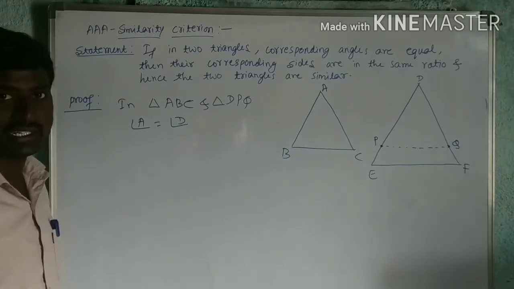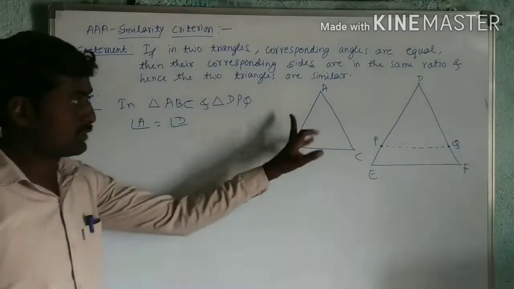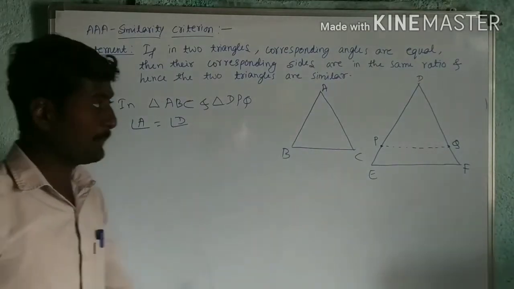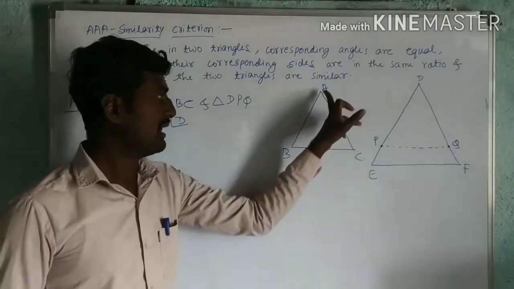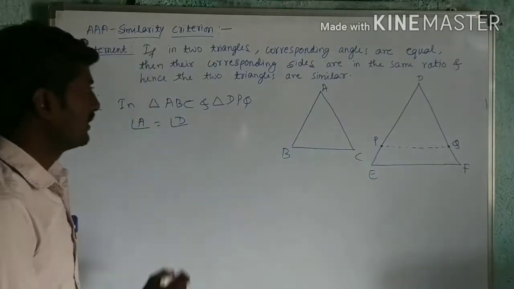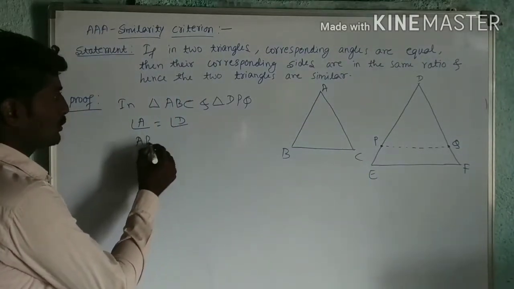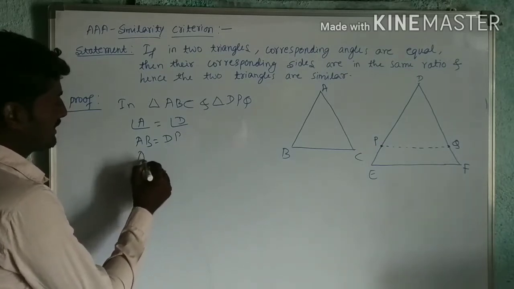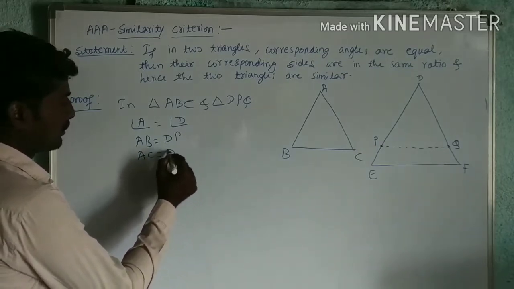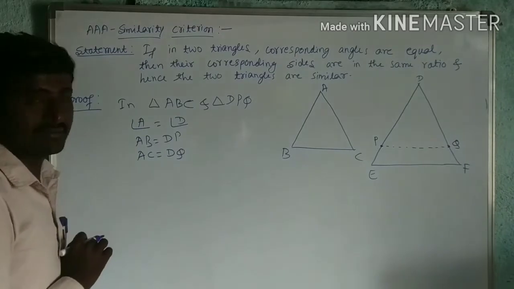And also, we constructed PQ in such a way that DP is equal to AB and AC is equal to DQ. Now AB is equal to DP, then AC is equal to DQ. This is all about construction.